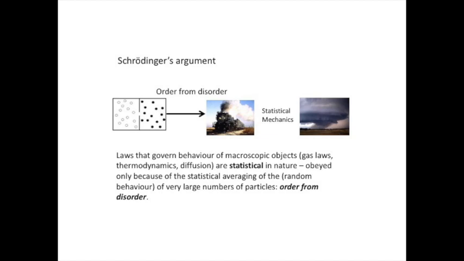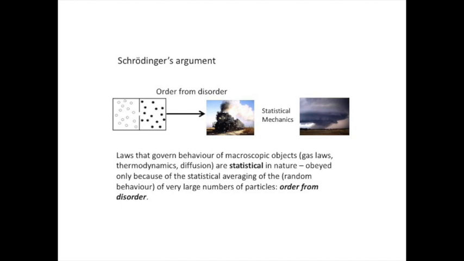So the gas laws, the diffusion laws, thermodynamic laws, they're statistical in that they depend on the random motion of very large numbers of molecules. When you look at something like the pressure of a gas in a box, that pressure is generated by the random collisions of trillions of particles. And the laws you get are statistical in nature.